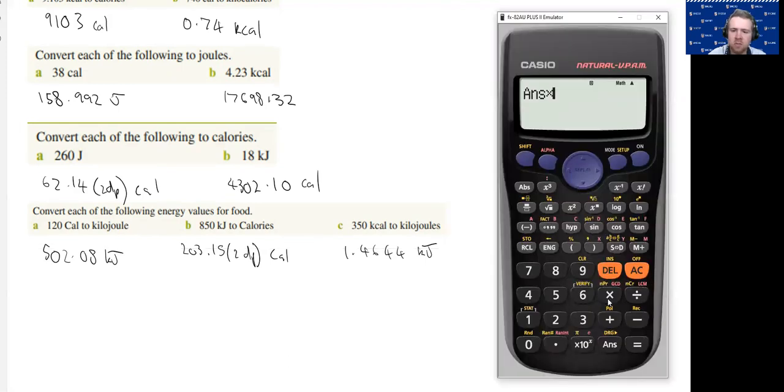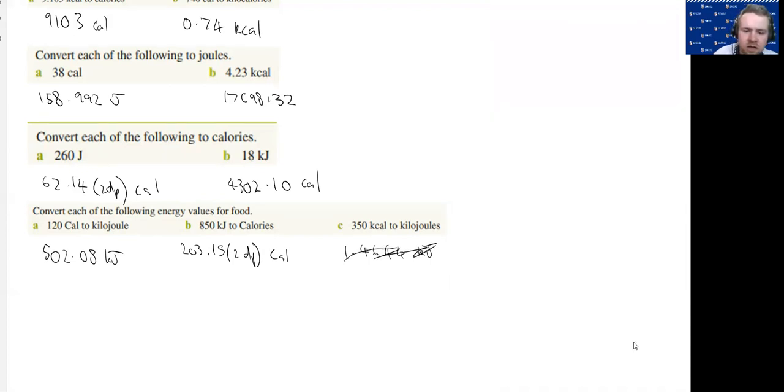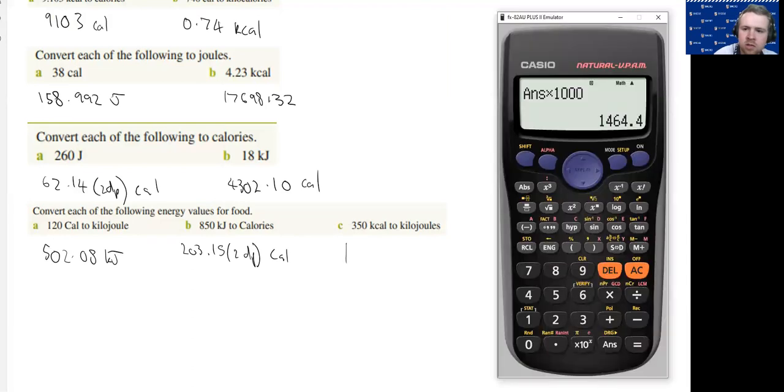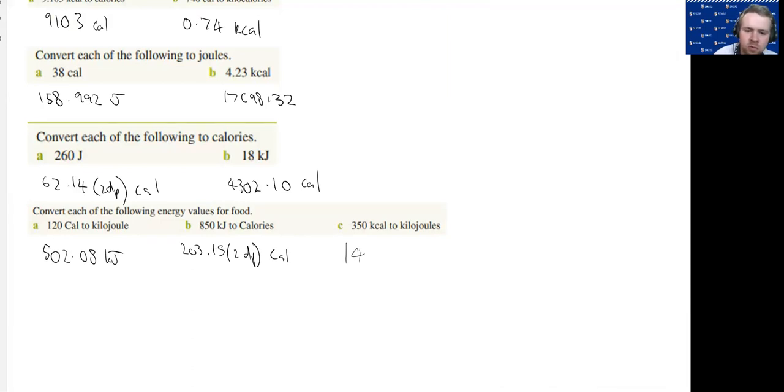So if I just times my answer by 1,000, okay, this would be the correct one. 1464.4 kilojoules would be the answer.